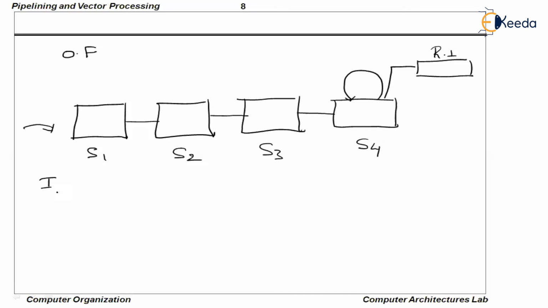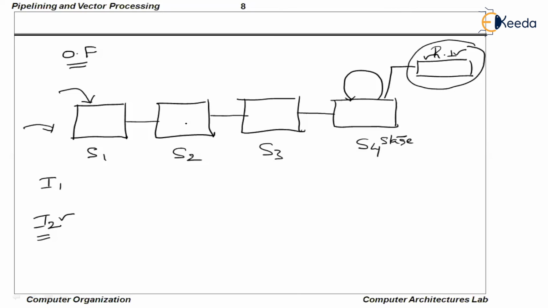Generally, I2 will have to read it from the register, when the register file gets updated after the end of the fourth stage execution. But here in the operand forwarding technique, I2 will be requested to enter into the pipeline without waiting for the register file to be written.